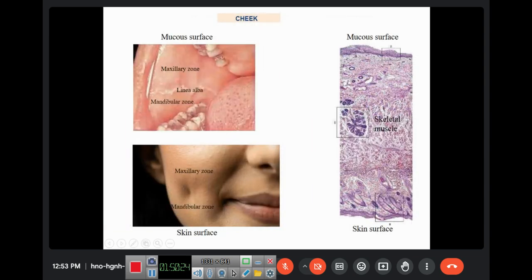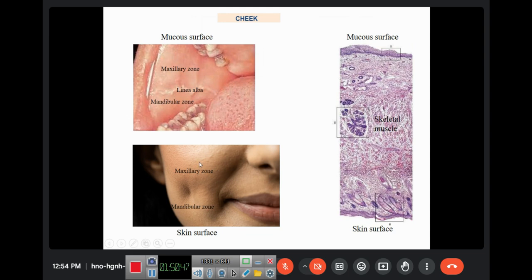Next we go to the cheeks. The cheek has the outer or skin surface and the inner or the mucous surface. Both of them, if we make the section like this, have the upper part, the maxillary zone.